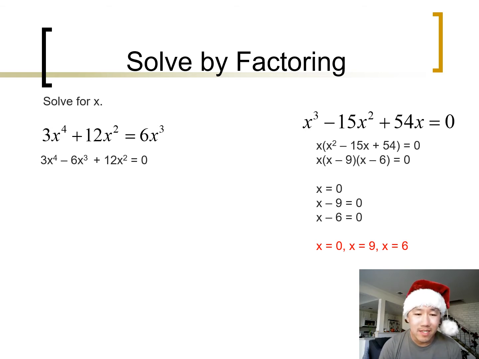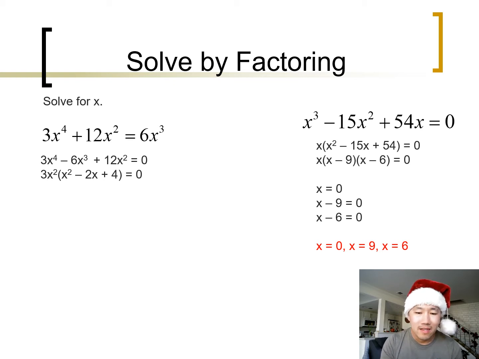All right, let's see. What can you factor out? What can we pull out to the front? I think you can pull out a 3 because they all have factors of 3 in them. And then you can pull out an x squared because they all have x squareds in them. So when you do that, this is what we have.